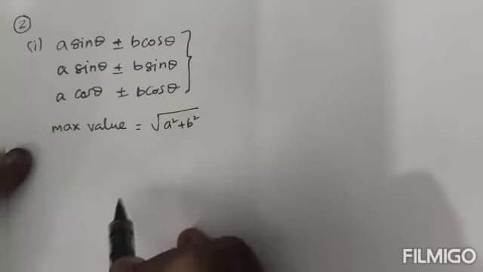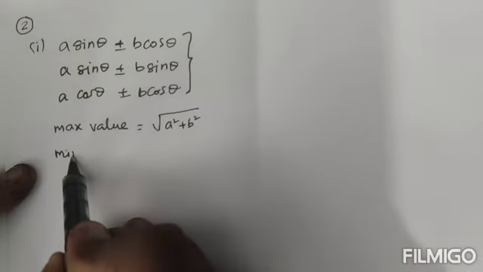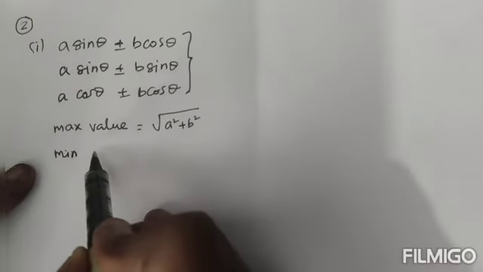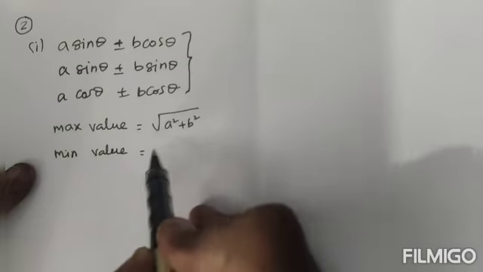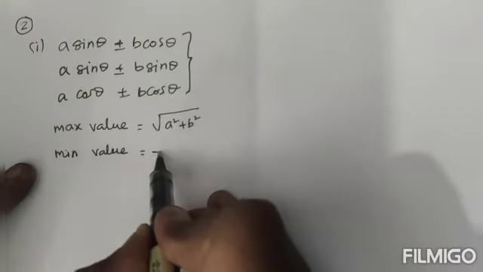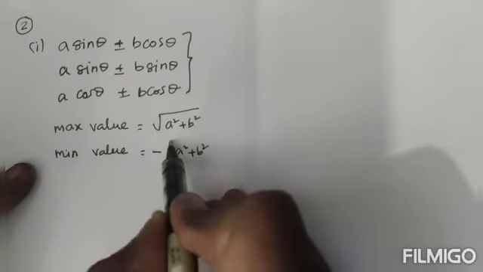That's all. Suppose in the same model they are asking the minimum value, the formula is: you should add one minus, after that as usual root of a squared plus b squared.